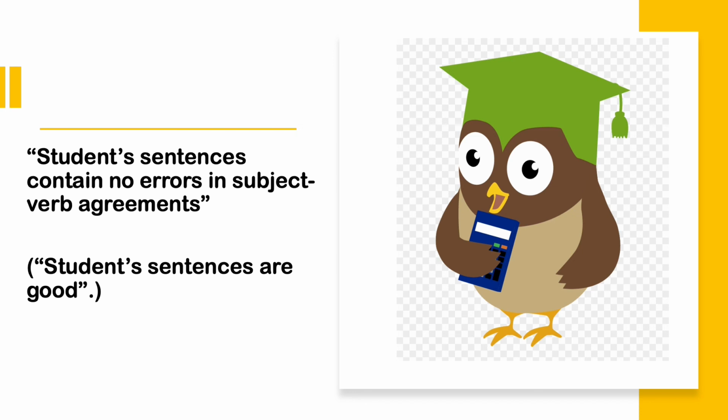So, you better use this one other than using this phrase, student sentences are good. Why? The phrase, are good, requires the evaluator to make a judgment, whereas the phrase, no errors, is quantifiable. So, the words no errors make this statement quantifiable.